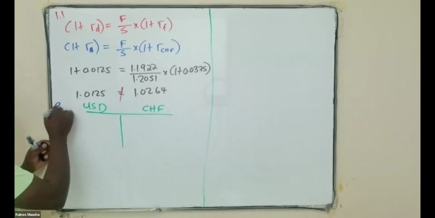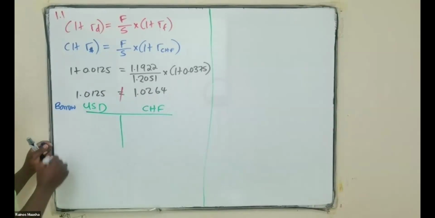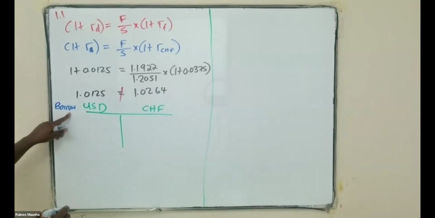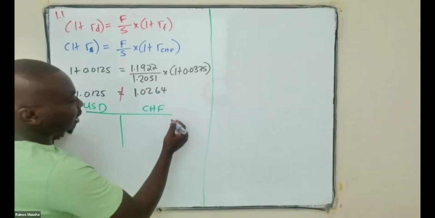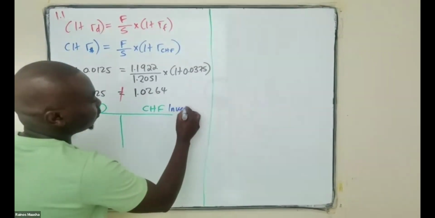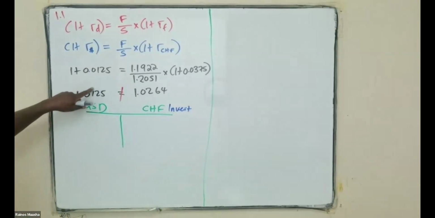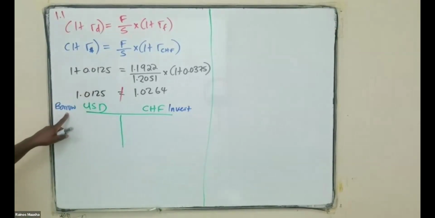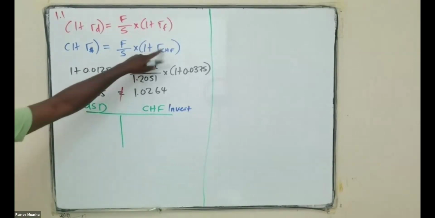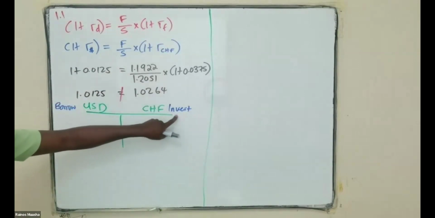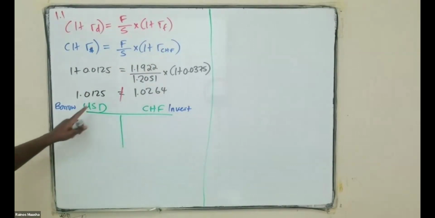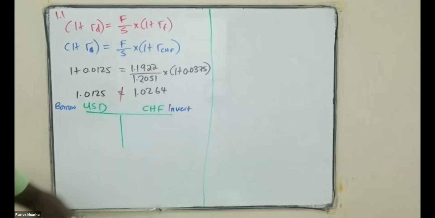Borrow on the US dollar side. If you borrow on the US dollar side, you do the opposite on the other currency, which means you invest on the CHF side. Because the US dollar side is smaller, we borrow US dollars, and because the CHF side is bigger, we invest on the CHF side.